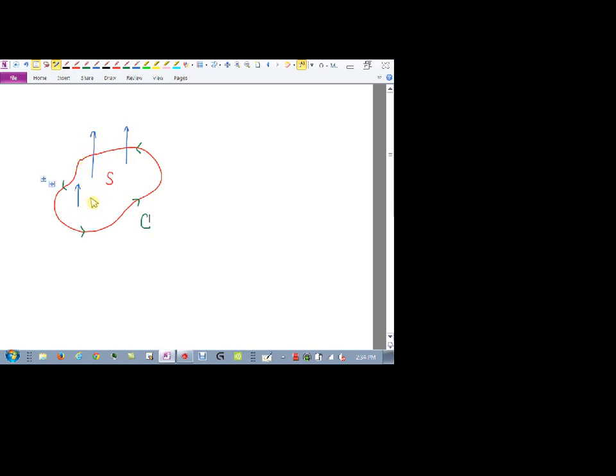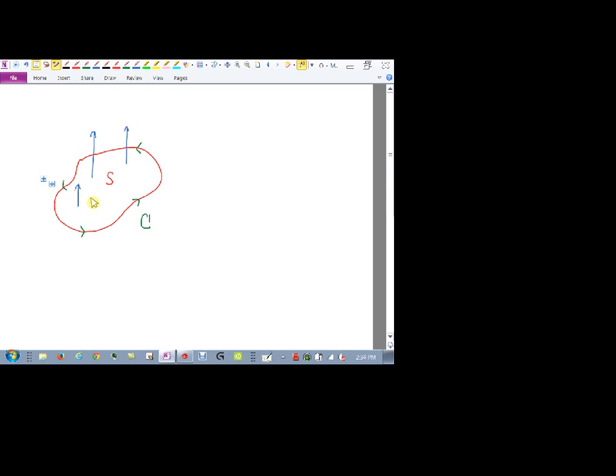This is going to tell us that if we want to do the line integral around that curve, which is closed, then all we need to do is the surface integral of not F, but the curl of F. Remember, the curl of a vector field is a vector.